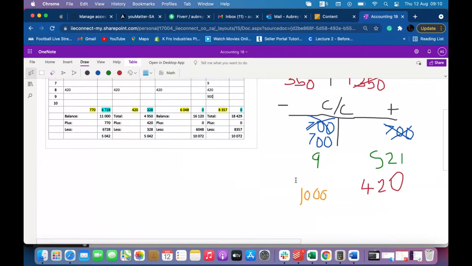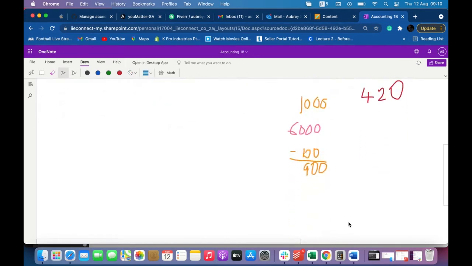The 6,000 in the creditor's control was correctly debited. But when we came to the creditors list, we only put 600 on the individual creditor. So there's a shortfall again. How much this time? You can calculate it in your minds. That's 5,400.